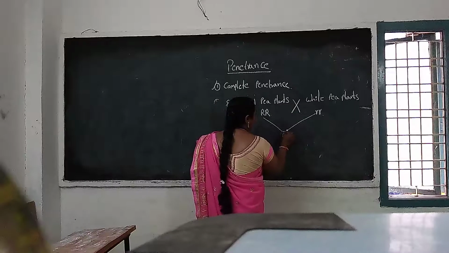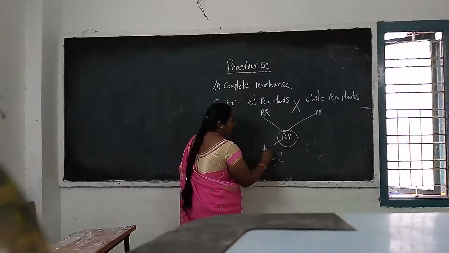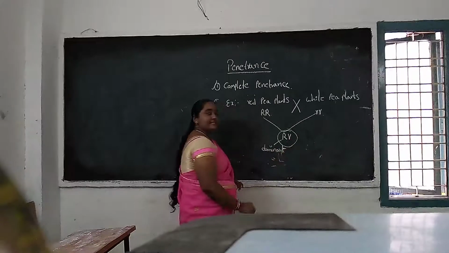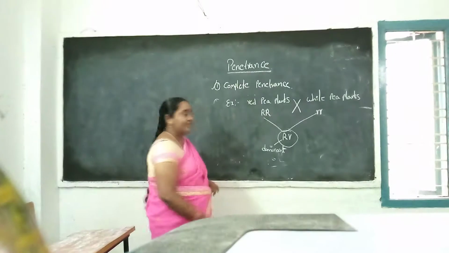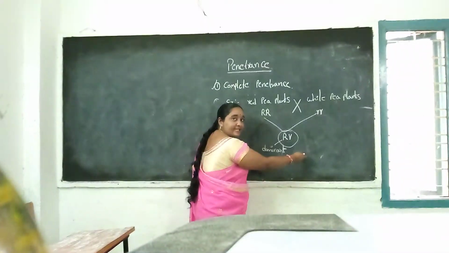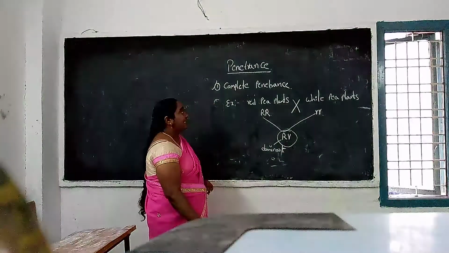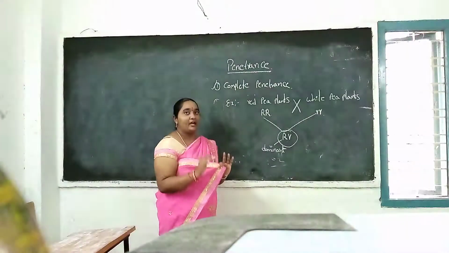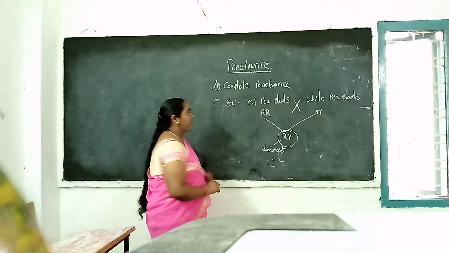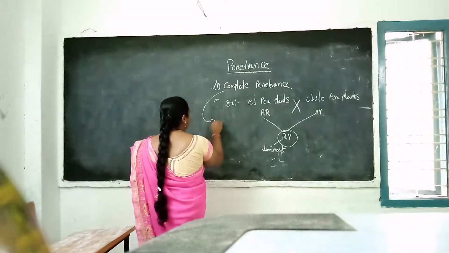R is the dominating character, and small r is the expressed character of the phenotype. Complete penetrance is produced in homozygote conditions. It is the best example for complete penetrance.